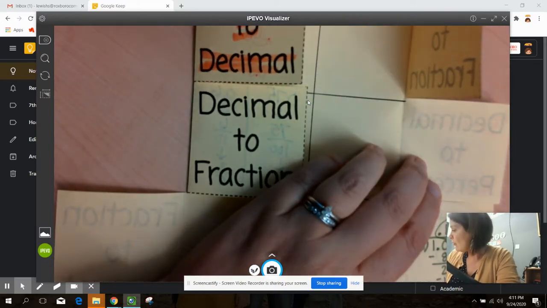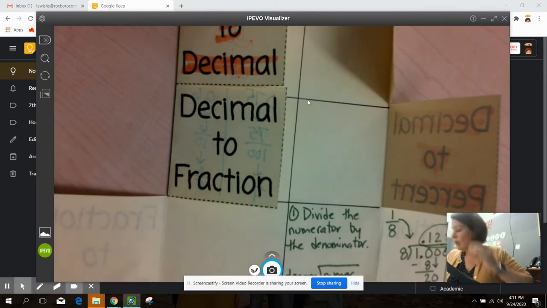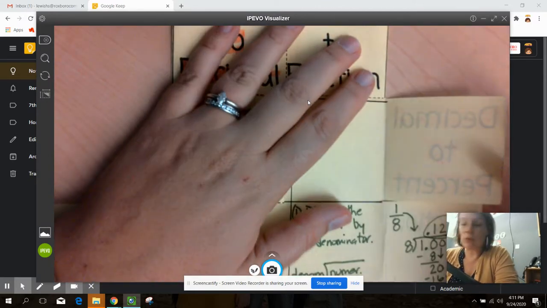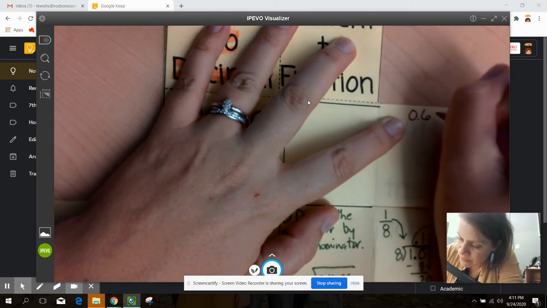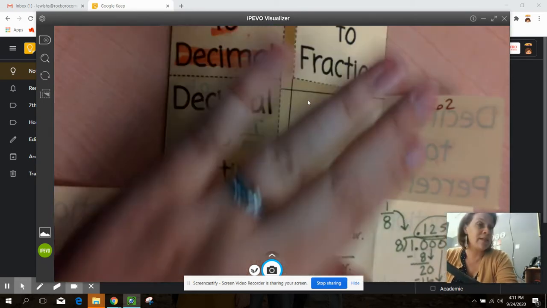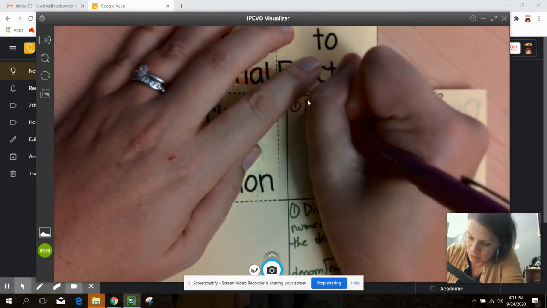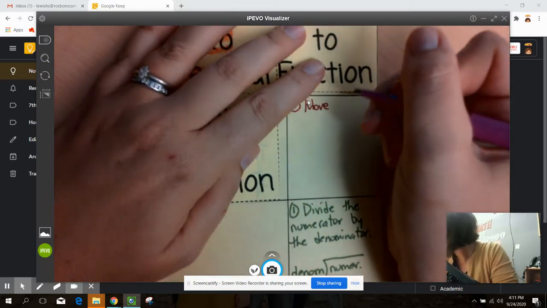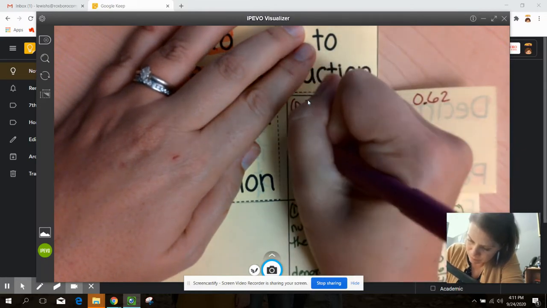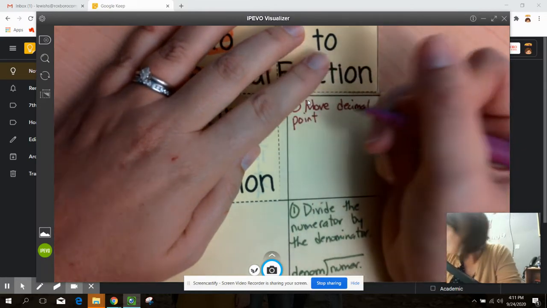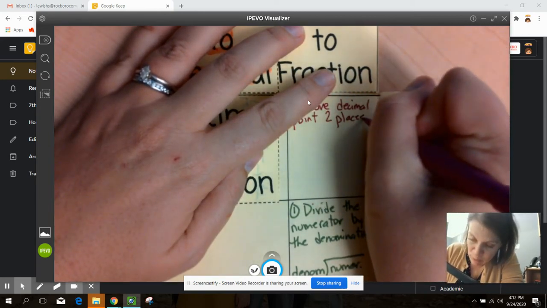All right, so for this one, going from a decimal to a percent, here's the example: 62 hundredths is our decimal, and we are going to move the decimal point two places. Now, last time we moved it 2 places to the left.